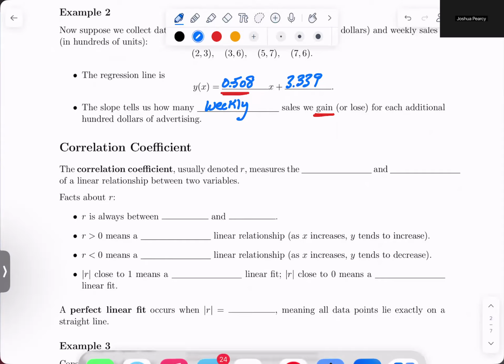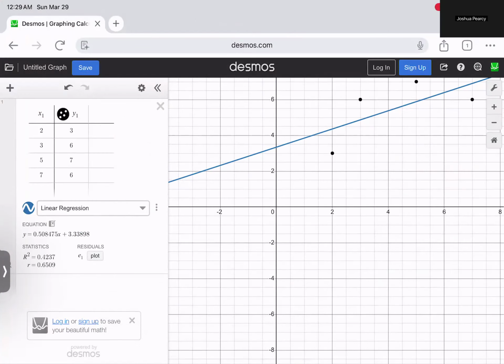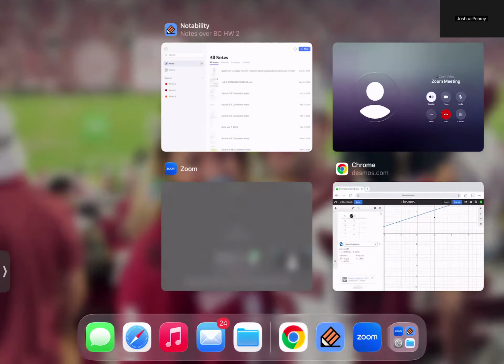So one little thing, if you go back here to Desmos, whenever you do a linear regression, it gives you this thing down here called R. So this R that's under the statistics thing here talks about the correlation coefficient.